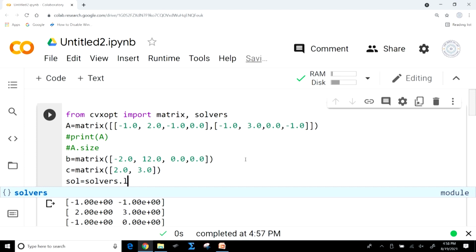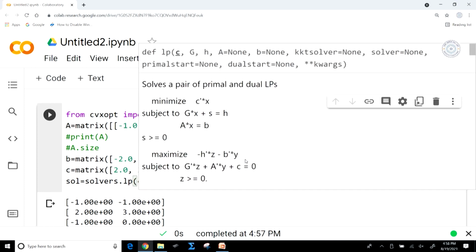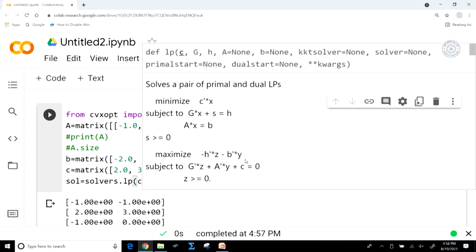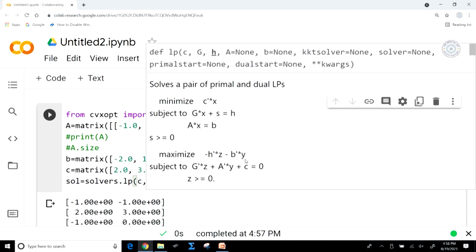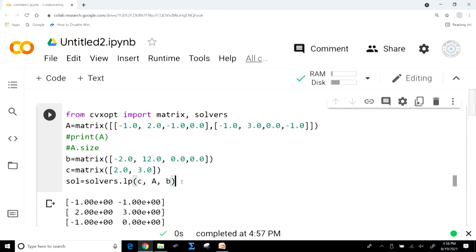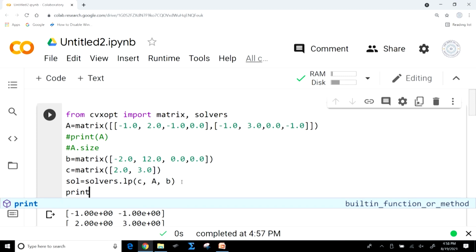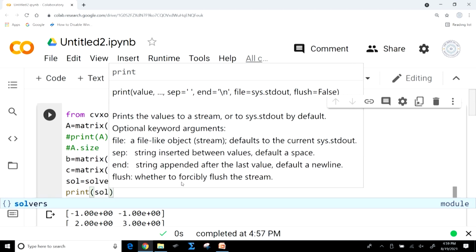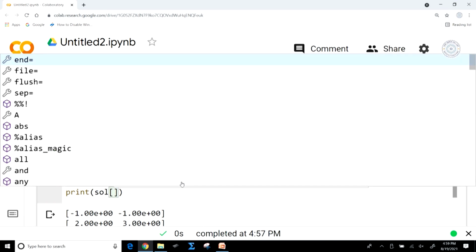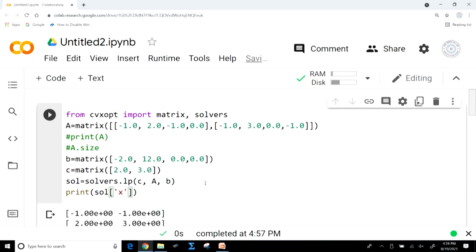It is solvers dot LP, and you can write C, A and B. Then you can simply print the solve, and variable x. So, you have to find the optimal solution here, so print the solution for variable x.